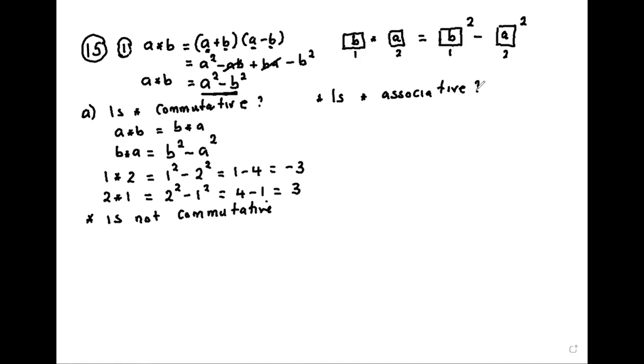Let's check. For star to be associative, we want A star B star C to be the same as A star B star C, bracketed the other way. But if you want, you can avoid A, B, C, because the question has A, B, so where do I find the C?